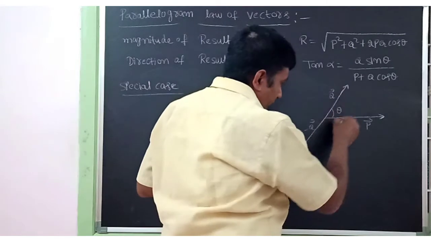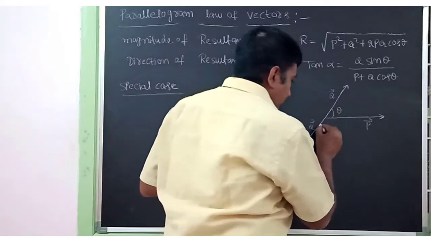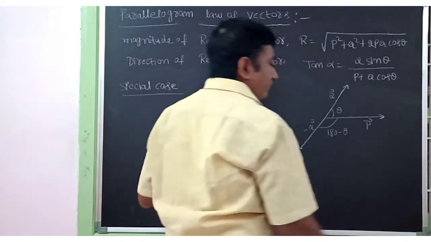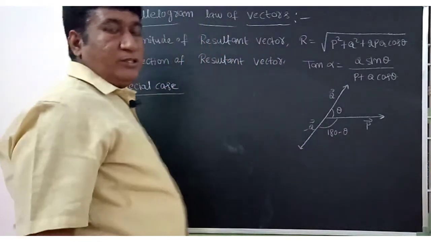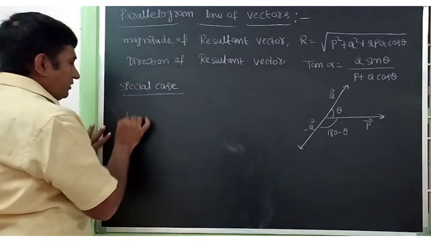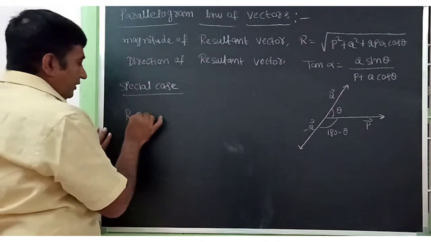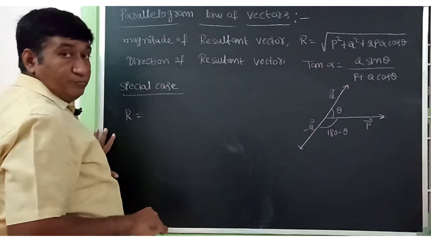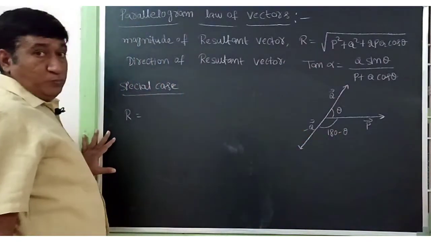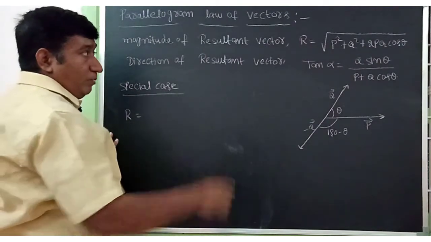But we know that the total angle is 180, so this I can write as 180 minus theta. In terms of magnitude, this is p and this is minus q, with direction I have been concerned.